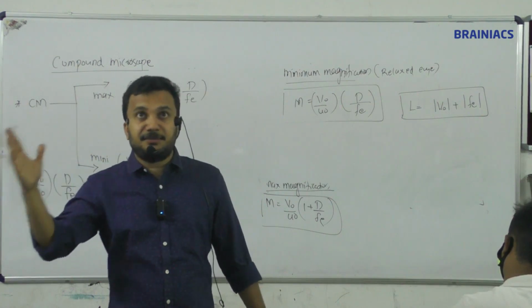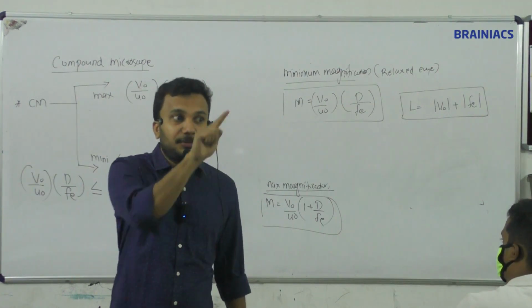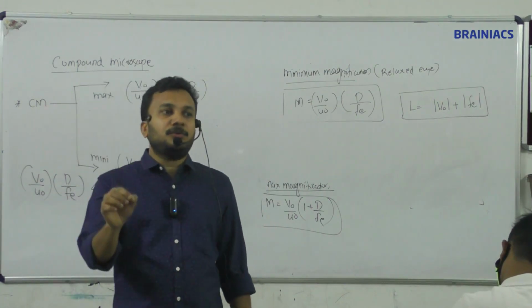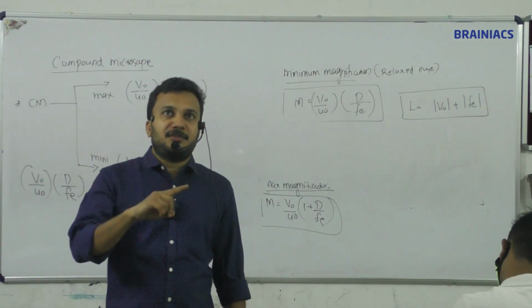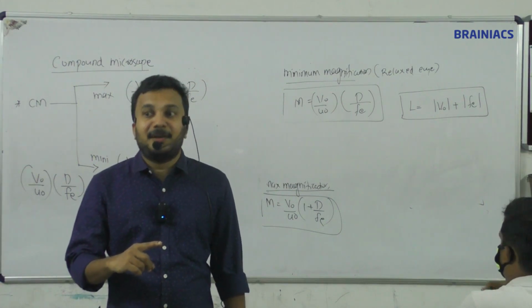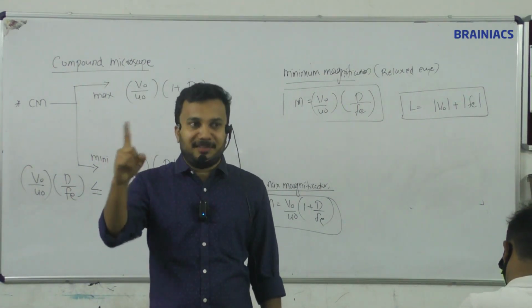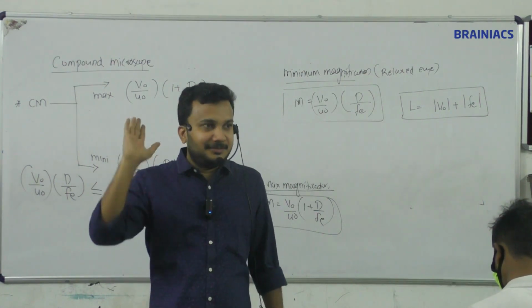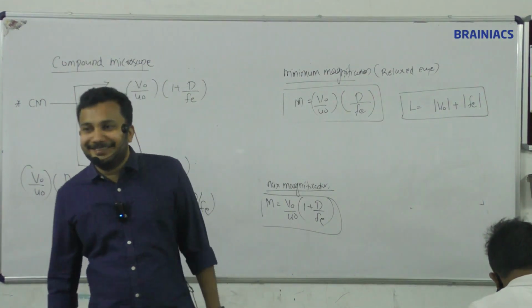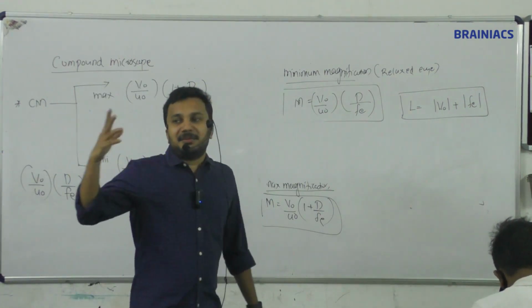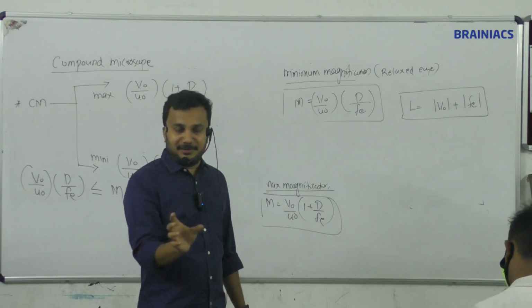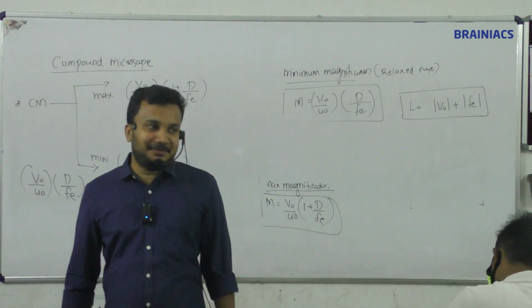So for the eyepiece lens, the final image distance VE is equal to plus 25 or minus 25? Minus 25. That is important. Whatever mistakes you will make, they know already, so they will place the options accordingly.